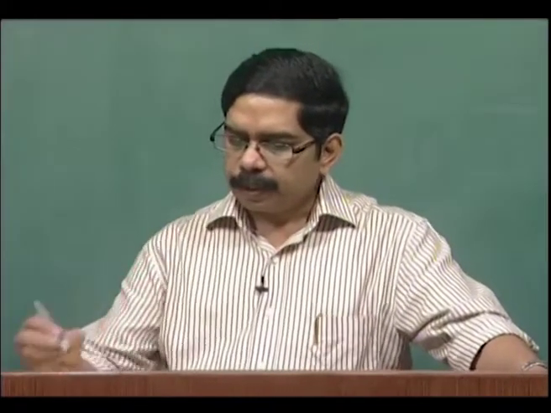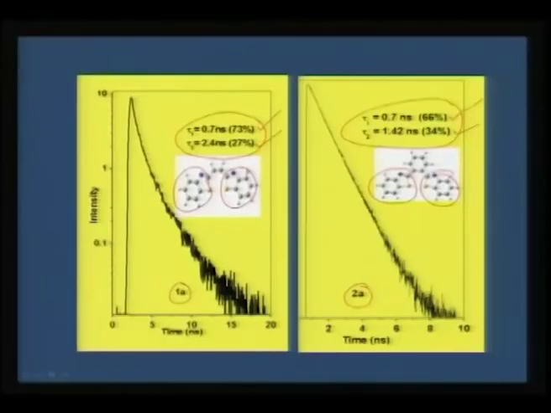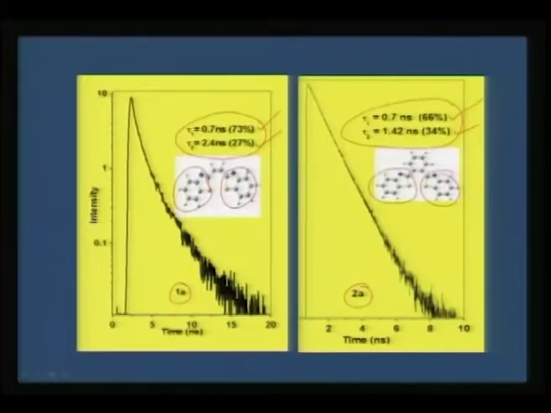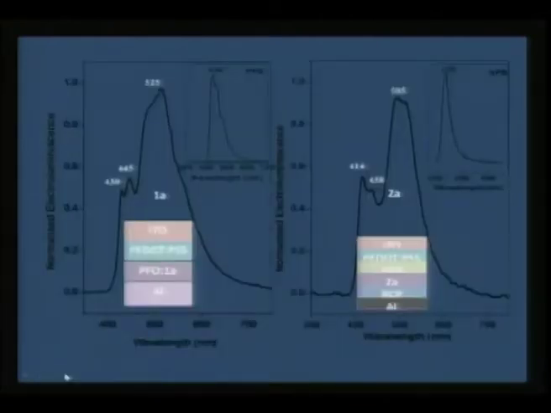In this case it is 1.42 nanoseconds, comparatively faster for the aromatic linker compared to the ethylene linker. So, we can have a guess as to what is the functional group or the chromophoric group that is responsible for this time decay. The fast decay component seems to be coming from the benzthiazole as compared to the linker groups, and we can also extend this case now to make devices.